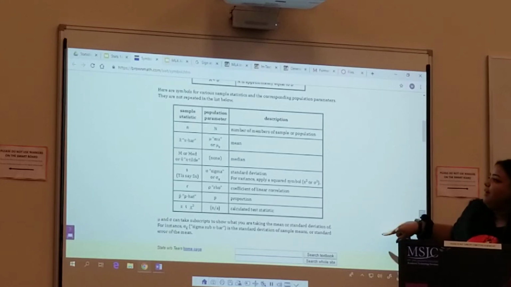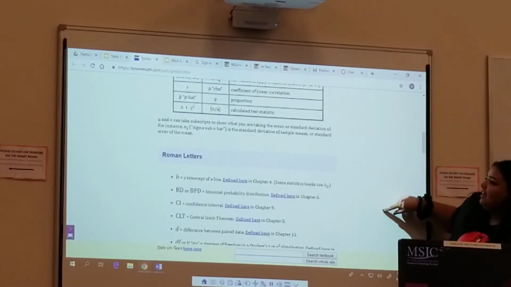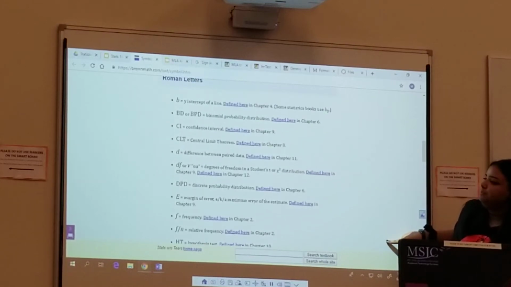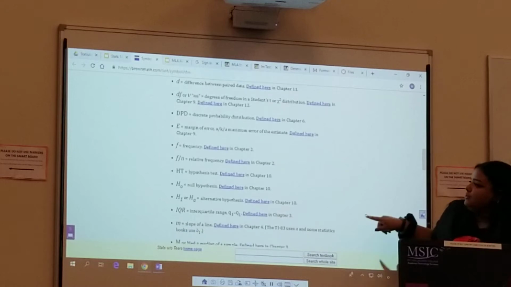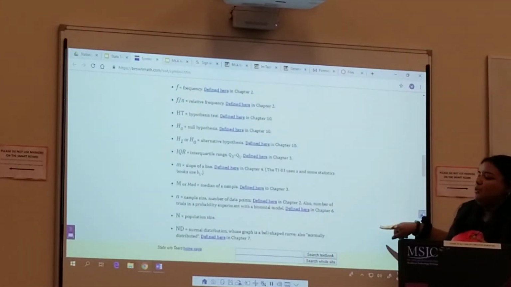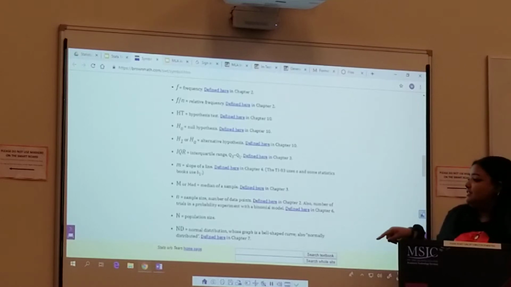But my favorite part about this is that all the letters go in alphabetical order. So, like you see frequency, you'll see n, there's a slope of the line, which you would get from algebra, because y equals mx.